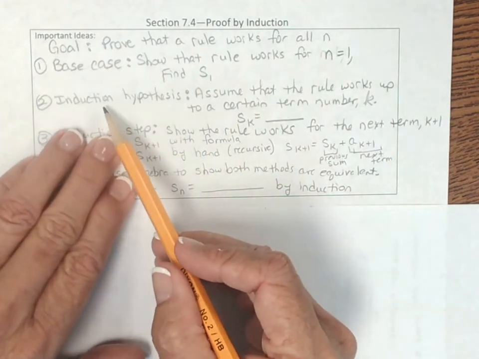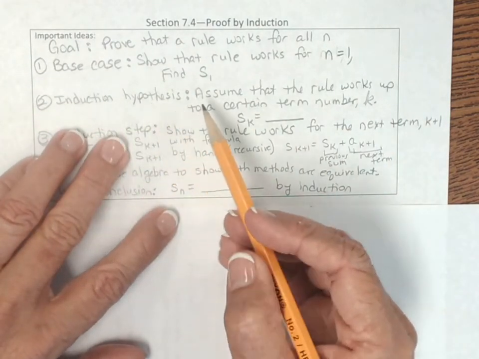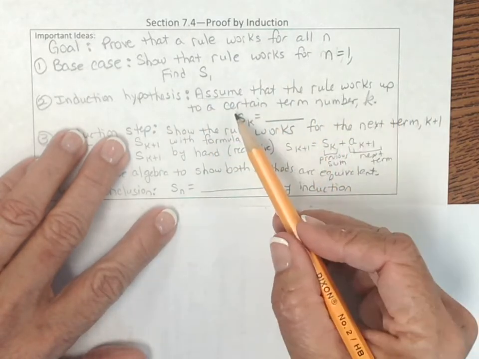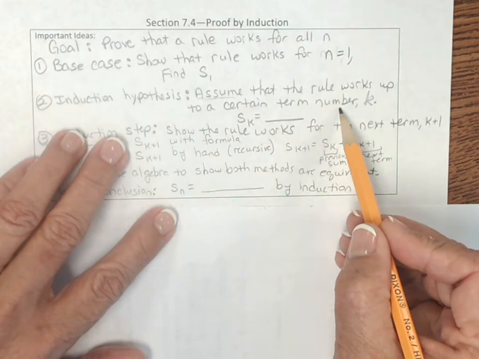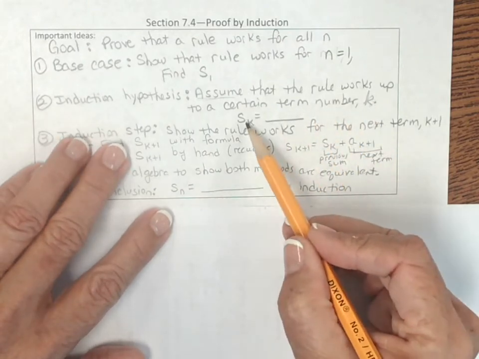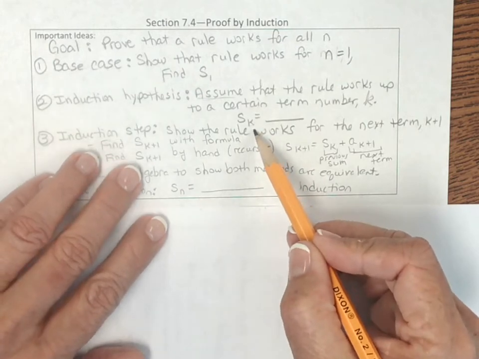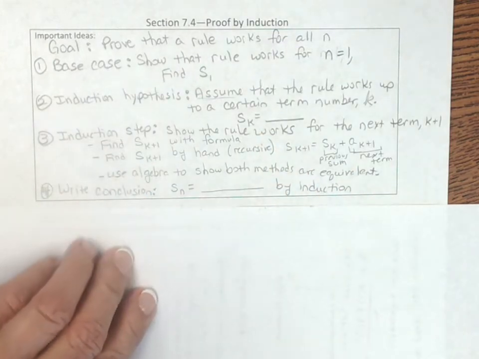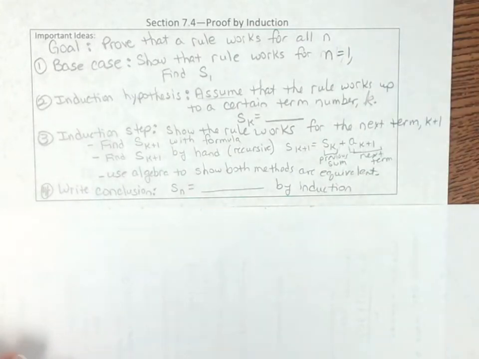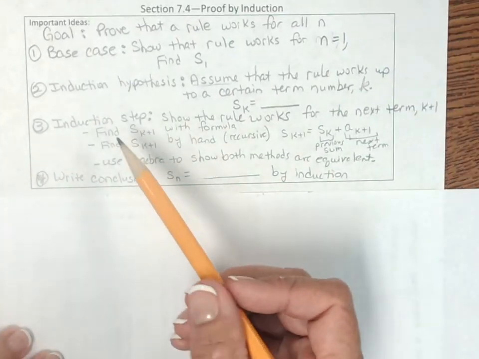Then we do our induction hypothesis. We assume that the rule works up to a certain term number, and that term is going to be k. And then we're going to find the sum of the first k terms. So again, that's my hypothesis. Then we do what we call the induction step.